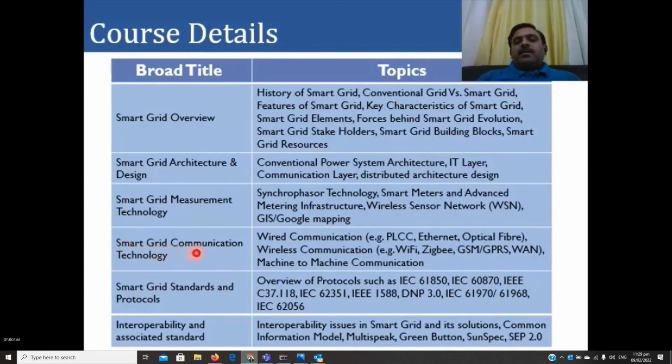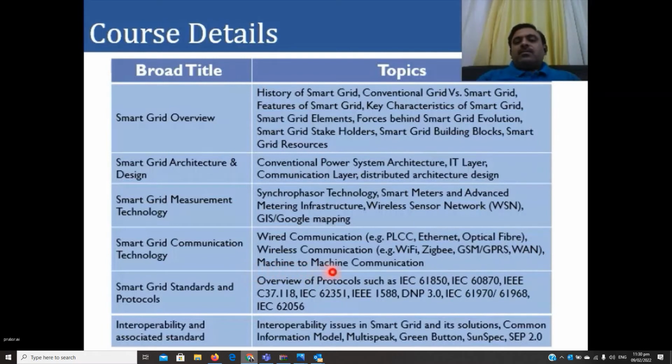As far as smart grid communication technology is concerned, we'll discuss wired as well as wireless communication technologies. In the case of wired communication, we'll discuss various technologies such as power line carrier communication, Ethernet, optical fiber, and so on. In wireless communication, we'll discuss various wireless technologies such as Wi-Fi, Zigbee, GSM, GPRS, and other wide area network related communications.